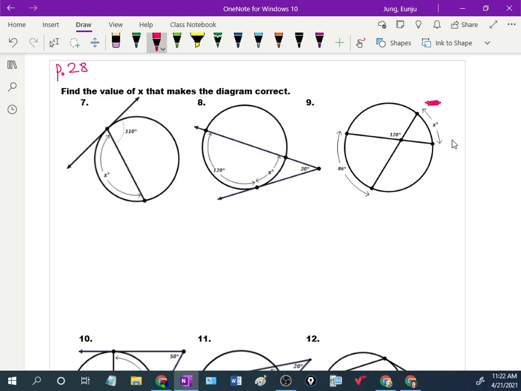What is given? Given is 110 degrees here. Do you see a straight line from a tangent line? So let's use the difference. What is the difference between 110 and 180 degrees? Let's subtract, and this will be 70 degrees, right?